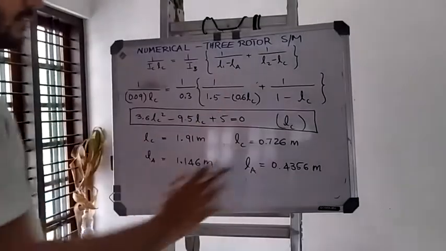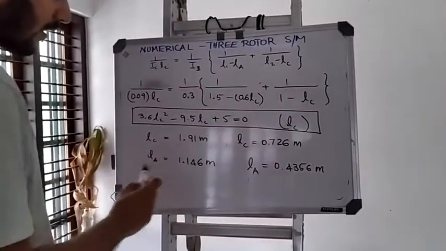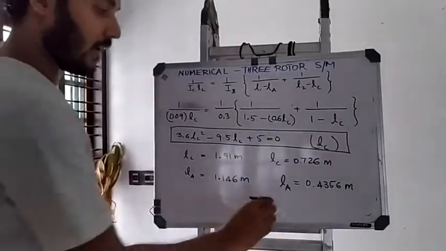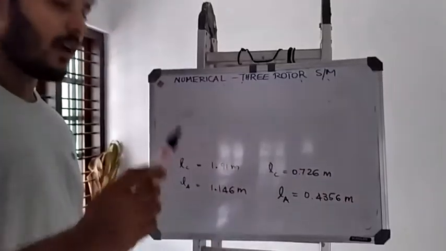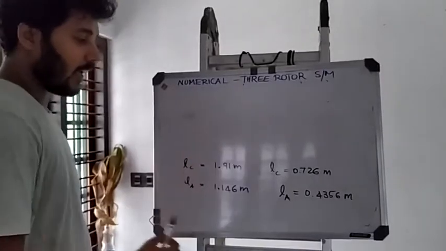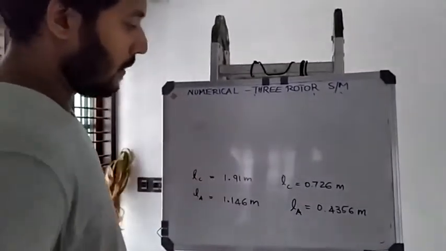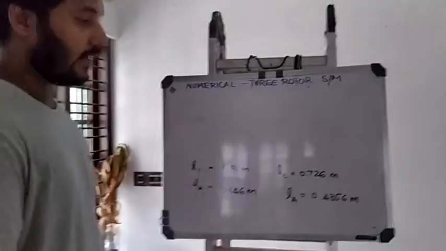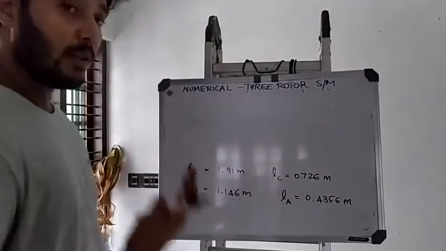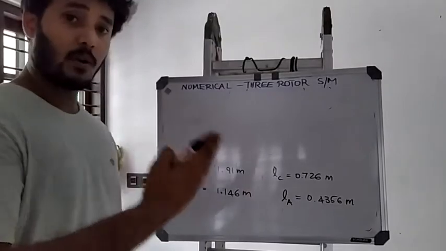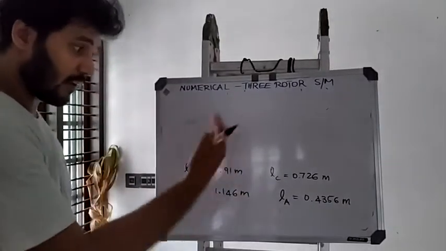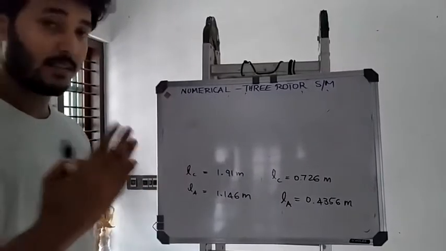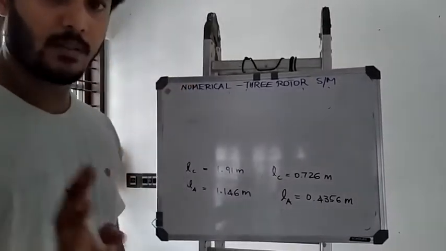Okay, so these steps cover until this part. You are finding out LC, you have two values of LC and you have two values of LA. Now as we have two values of LA and LC, we have to take one set of values at a time. Draw the nodal figure corresponding to the three rotor system with respect to one set of values, and then solve for finding out the LC1, LC2 values and natural frequencies.